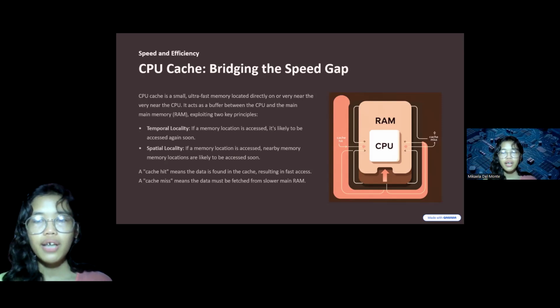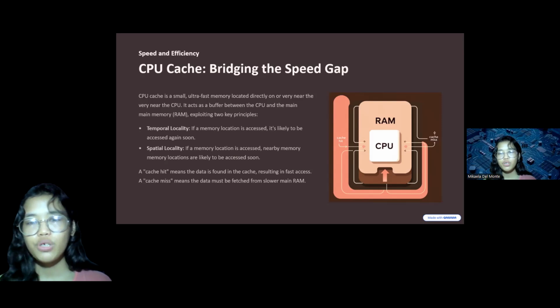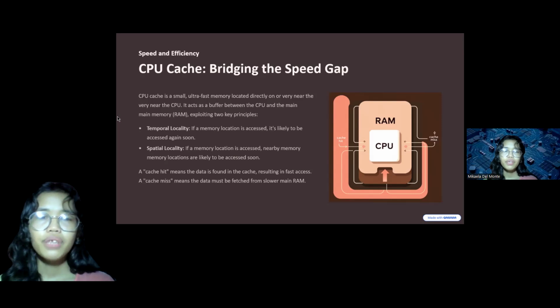We also have what we call the cache hit. A cache hit means the data is found in the cache, resulting in fast access. And a cache miss means the data must be fetched from the slower main memory.